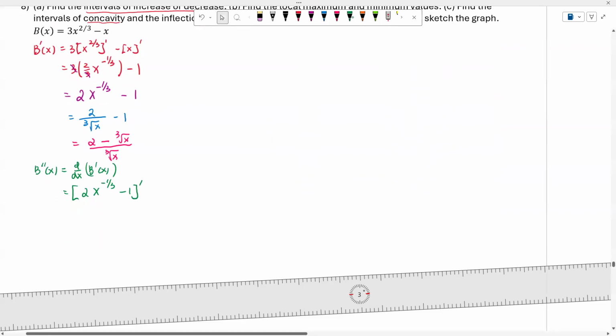So we will have 2 times negative 1/3 x to the negative 4/3, and then minus 0. Let us try to see if we could simplify this.